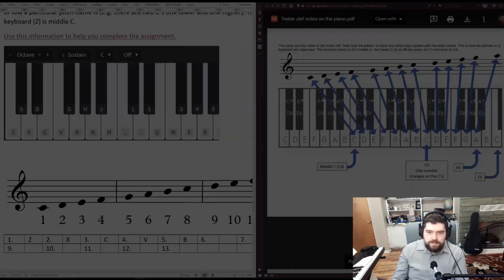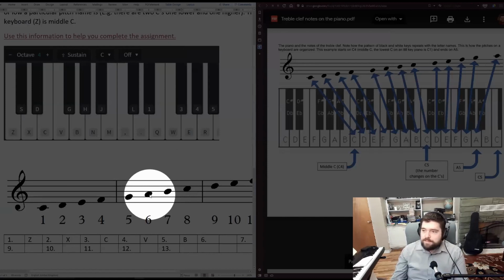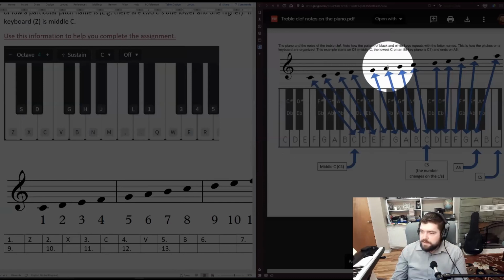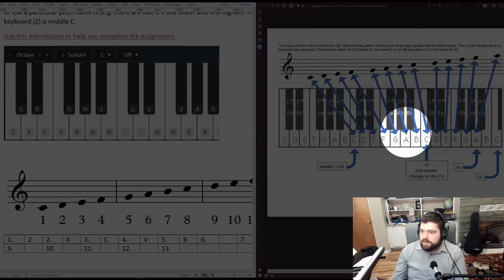So number 6, we take a look here. It's on the second space, so I find the second space right there. It's in between these 2 black keys of the 3 black keys. So the right 2 of the 3, it's in between those 2. That's a letter A. And someone was telling me that it's a letter A. That's correct, but we want to know which key you press.